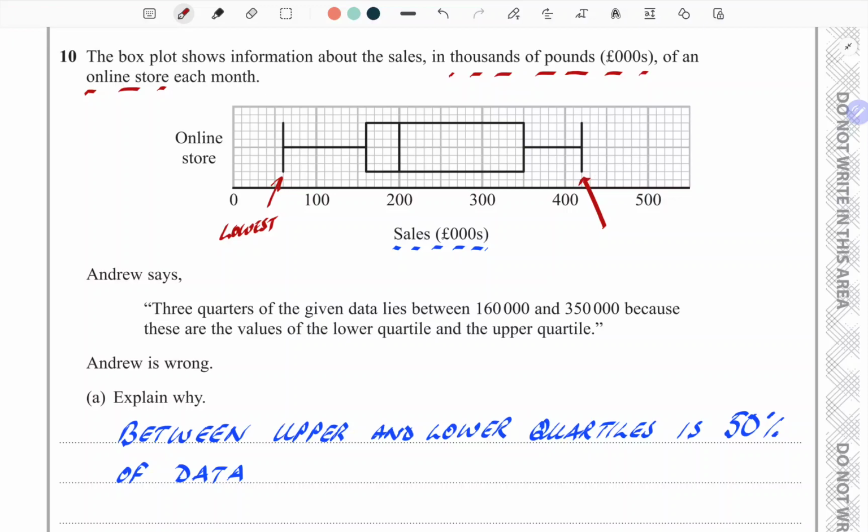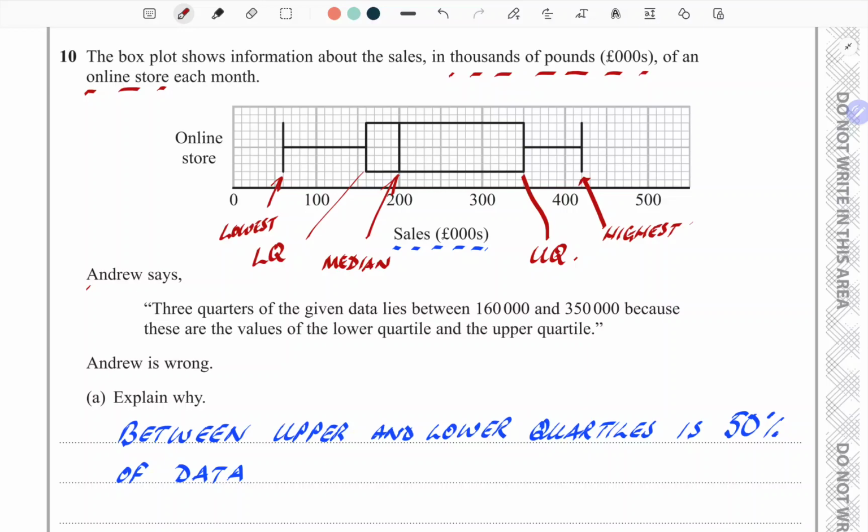That's the highest. That is the median. And that is the lower quartile. And that is the upper quartile. That's how a box plot works.